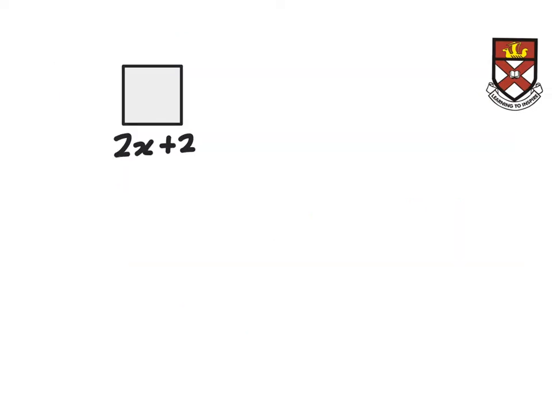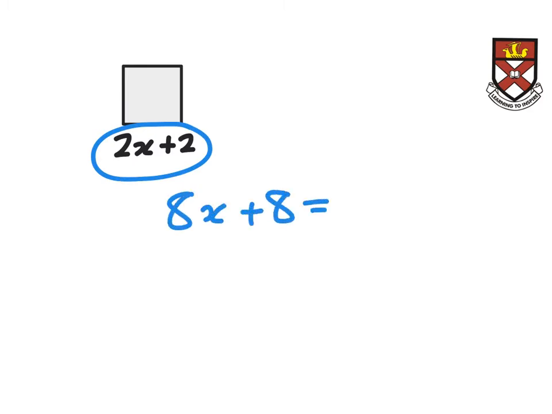The second part should be much easier than the first part. We're told the perimeter of the square is 36. From our work on the previous question, we know the perimeter is 4 of these, so that's 8x add 8. The question tells us that is equal to 36, so if you solve that little equation, you'll get what x equals.